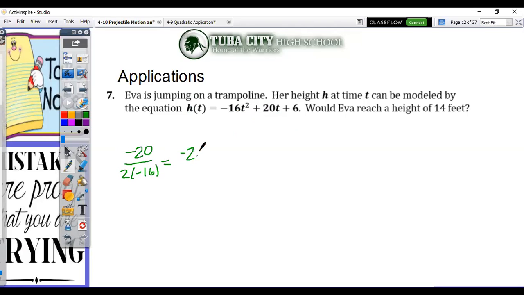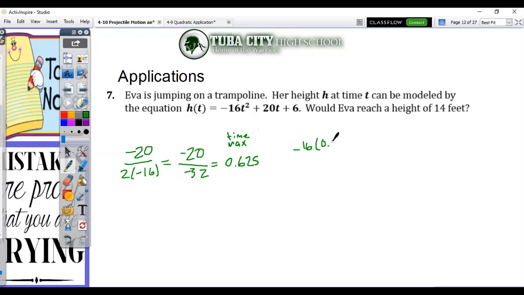Let's see, negative 20 over negative 32, so that would be 0.625. There you go. So now we know the time that she was at her max jump height. What we're going to do is plug this back into the original and see if it works out.